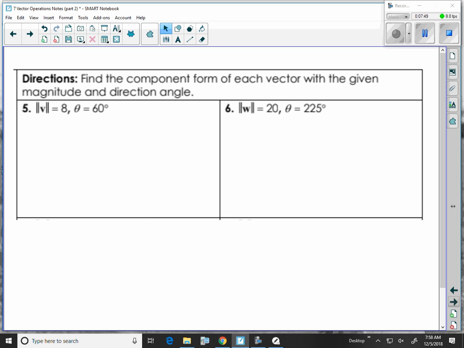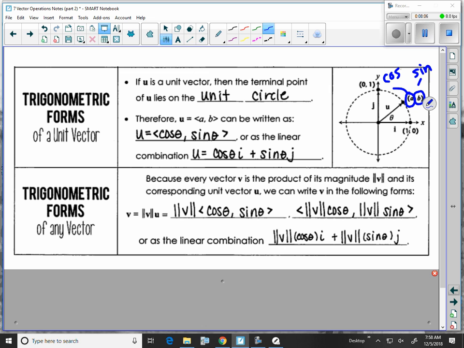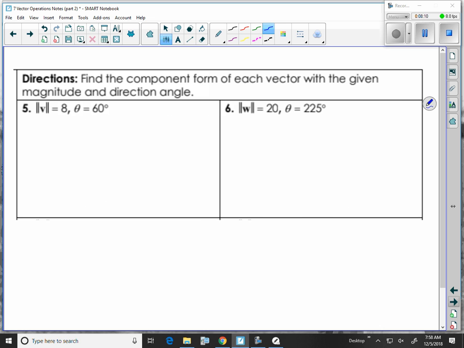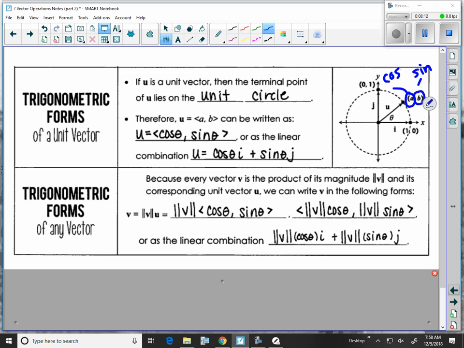Okay. So we're just going to dive in and do these. It says here, find the component form, so don't worry about the linear combination form, just component form of each vector with the given magnitude and direction angle. If we look back, we're going to be using these right here, because they give you the magnitude and they give you the angle.